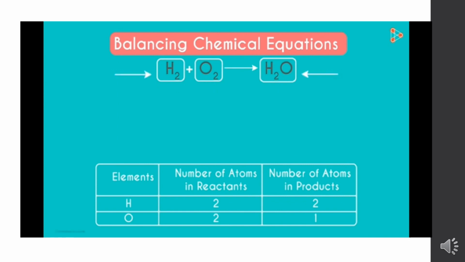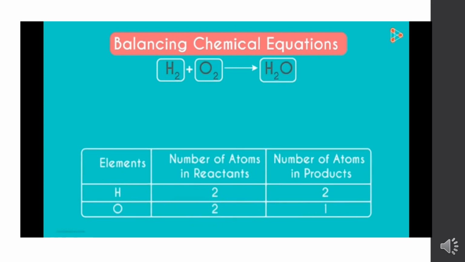In the first step, always draw boxes around each element or compound like this. Why did we draw these boxes? Because nothing in the boxes can be changed or altered when we are balancing the equations.